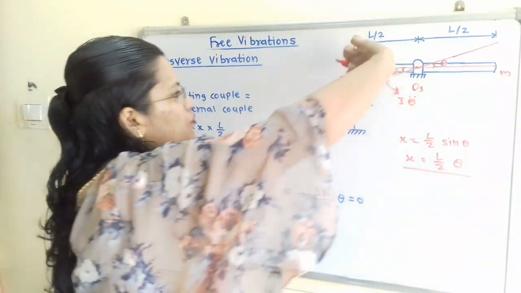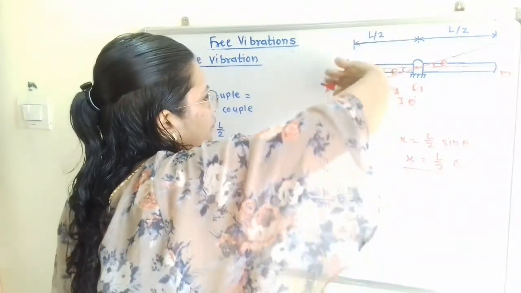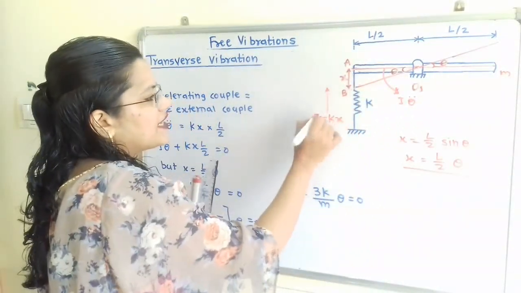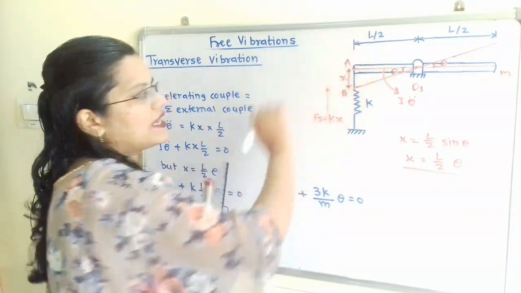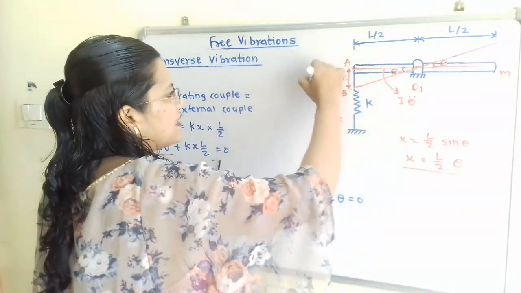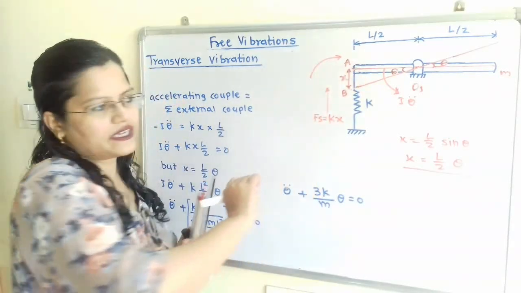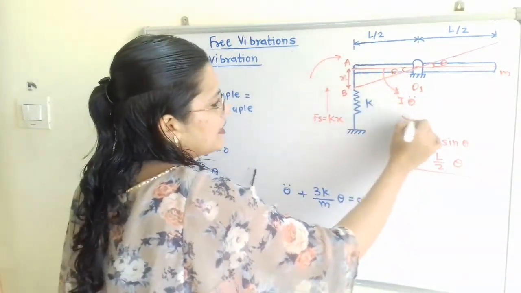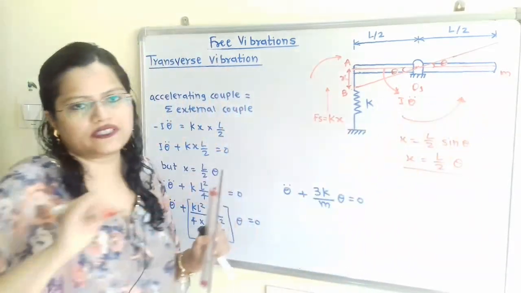If I move the compass in the direction of Fs about the center O, then the couple is Fs into L by 2, in the clockwise direction. And the direction of the accelerating couple is anti-clockwise.